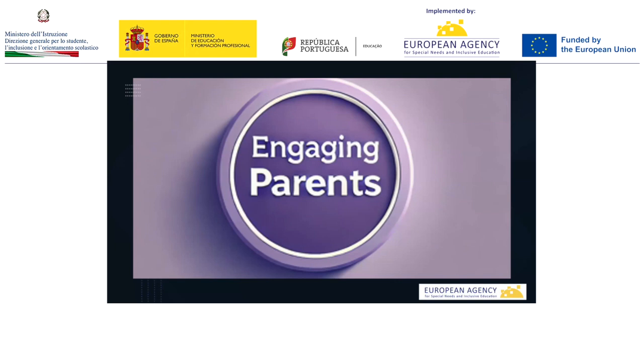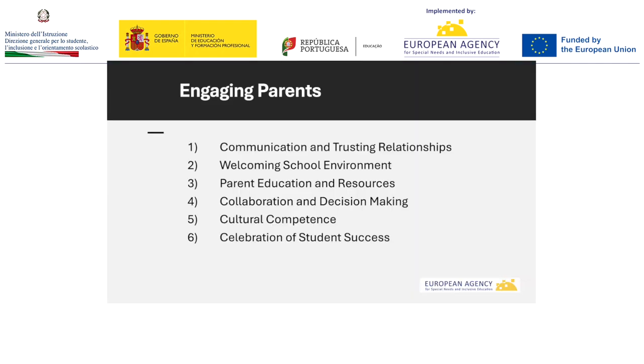Okay, finally, the fourth thing that I want to point out and that I think is important is engaging with parents. And this is actually pretty direct, pretty straightforward. And these are the 6 things that I think are critical in any monitoring and evaluation of how effectively a school deals and partners with parents in the process.